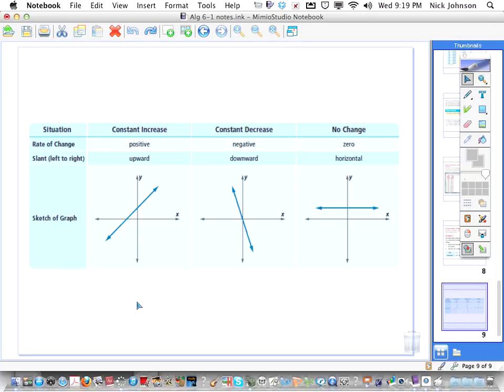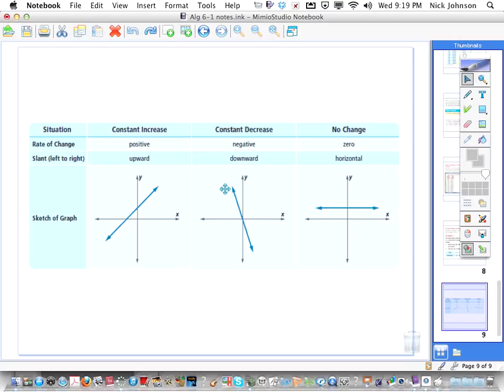Taking a look at this graph, and it's a very important graph. You're going to want to mark this and write this down in your notes. But if you look at this, when you have rate of change that is positive, what you have is a line that goes upwards from left to right. Notice this line going upwards from left to right. You have positive slope.